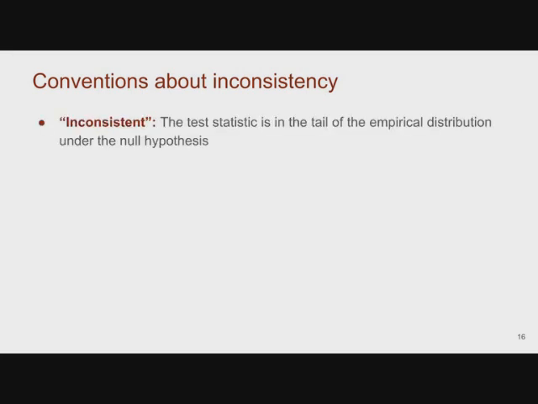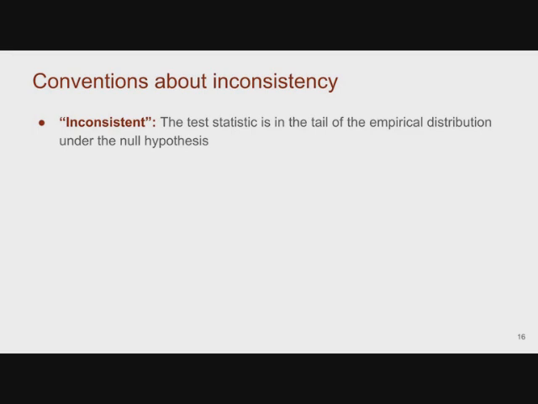To be precise about the terminology, inconsistent means that the test statistic is in the tail of the empirical distribution, that is, the simulation we ran under the null hypothesis. The test statistic that we observed is in the tail; it is an outlier. When that happens, we say that the test statistic is inconsistent under the null hypothesis.